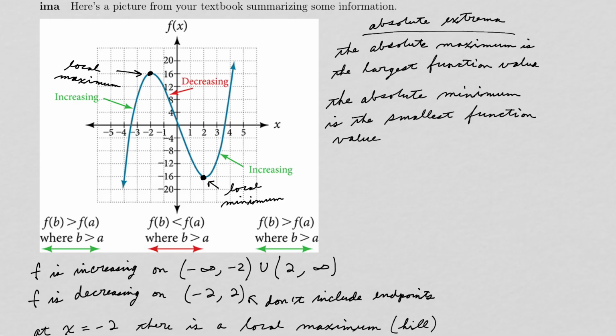Okay, note, in this case, with this particular graph, because this graph goes to negative infinity and positive infinity, there is no absolute maximum or absolute minimum, right? So you could say there are no absolute extrema.